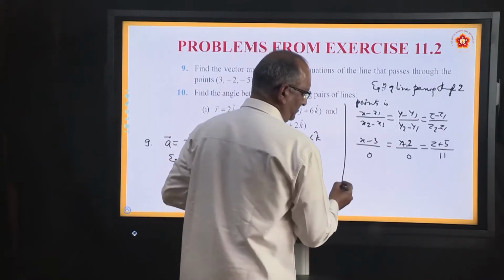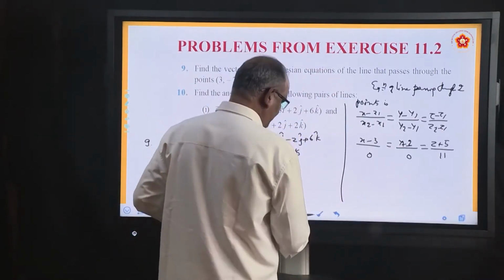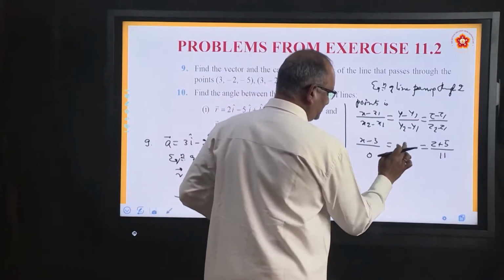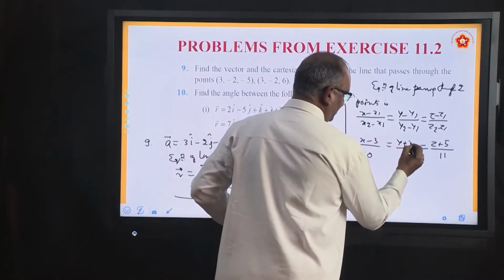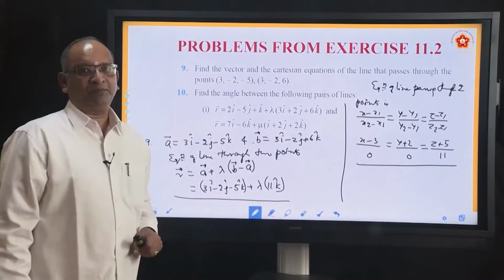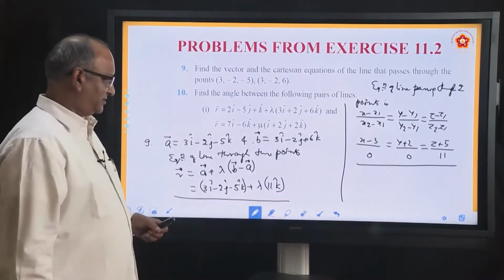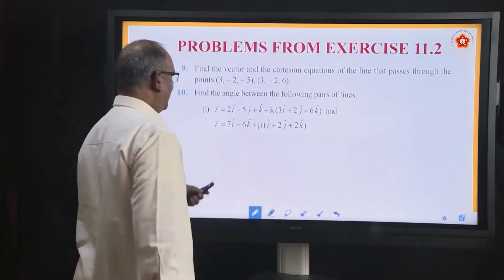This is the equation of a line in Cartesian form passing through 2 points. Come to the second question.